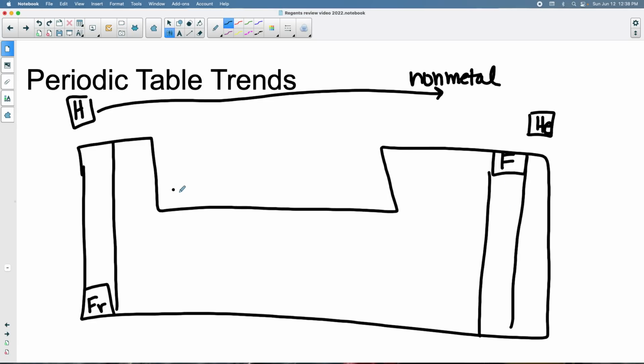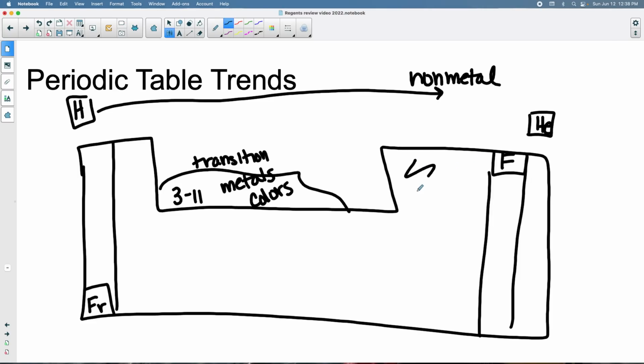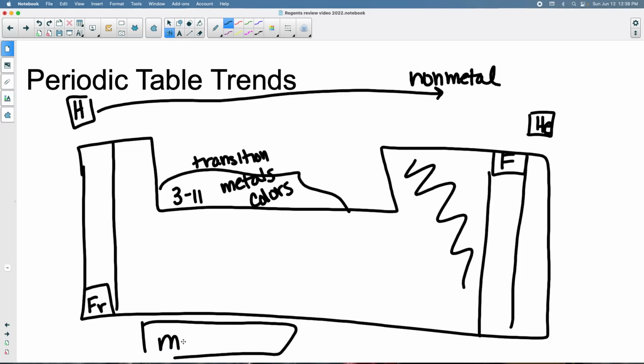Remember that groups 3 to 11, not 12, are transition metals. These are the ones that make colors when they make ions. Our staircase of metalloids is over here. Everybody down here is a metal. And everybody over here up to the staircase and over that way is a metal. Fluorine group there is our nonmetal. Group 16 is mostly nonmetals.